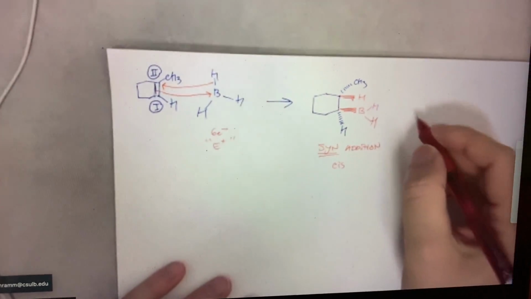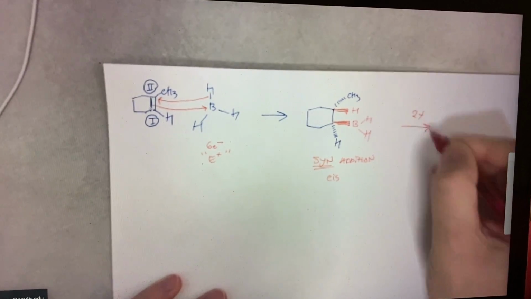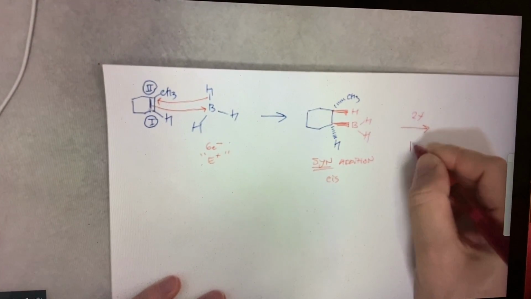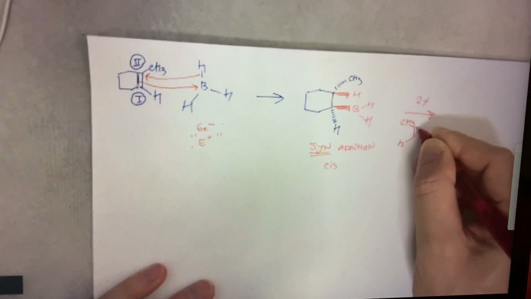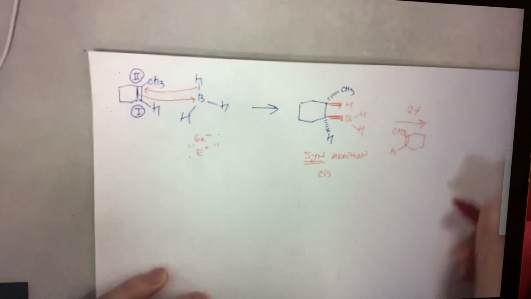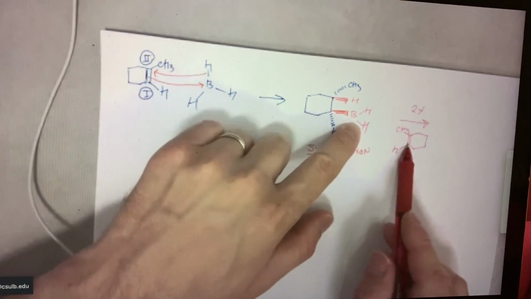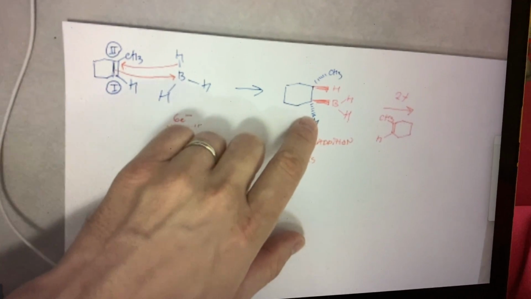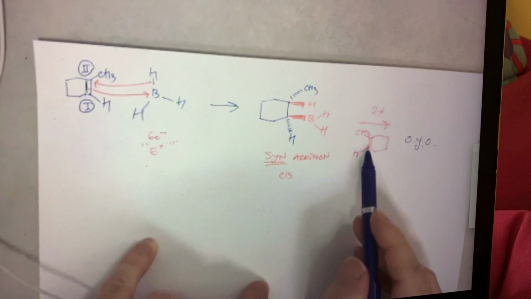This process can repeat 2 times more if we add more alkene to it. Boron has another hydride available to it. This is an alkene. You should, on your own, practice this problem. Do the same thing again.